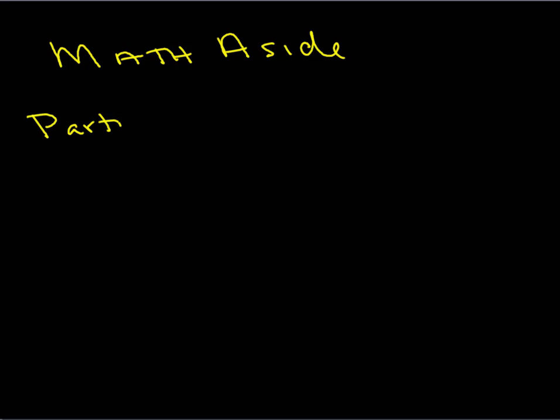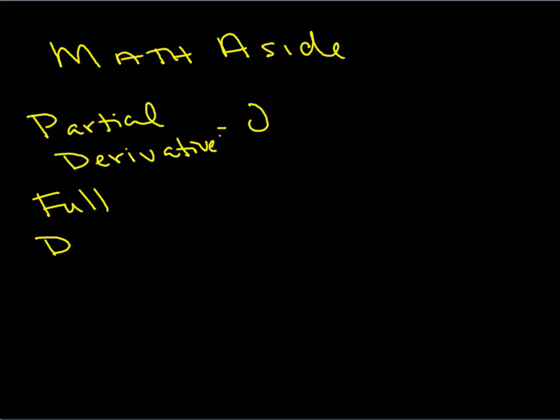And just as a quick refresher for our math aside, in the case of that partial derivative, let's recall that our partial derivative is signified by our swooshing d, while our full derivative is represented by our regular d.